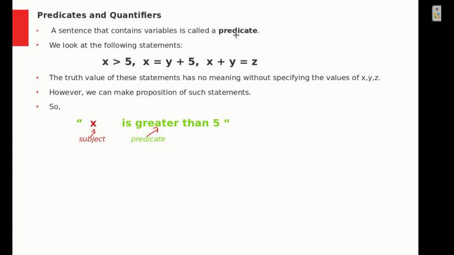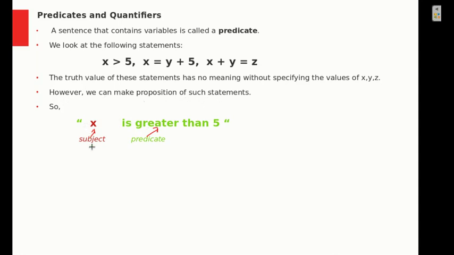And the truth values of these statements have no meaning without specifying the values of x, y, z. If you don't specify the x, y, z above here, it means it's got no value. So we can make a proposition of such statements.